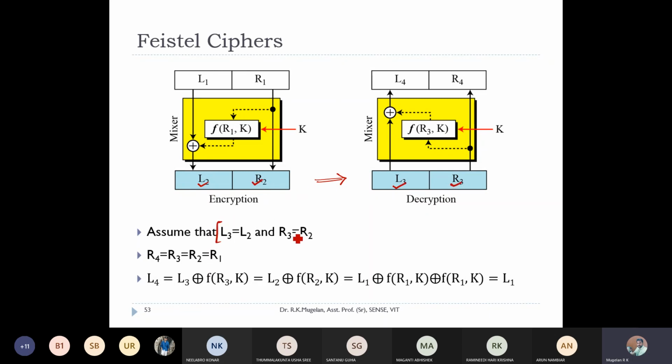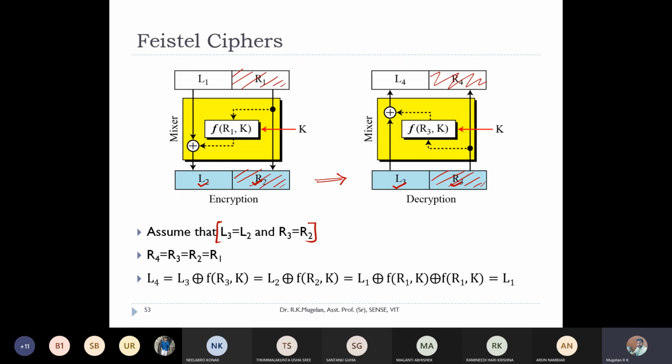This is the first assumption we are taking. And if you look carefully at the signal flow in this model, all the right-hand sides, that is your R1, R2, R3 and your R4, all are same.